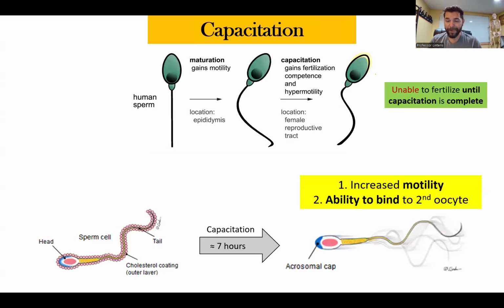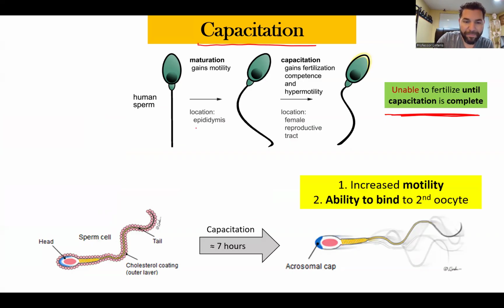And what happens? In order for the sperm to be functional, we have a process called capacitation. This is basically your sperm becoming active, if you will. Fertilization cannot occur until this process is complete.